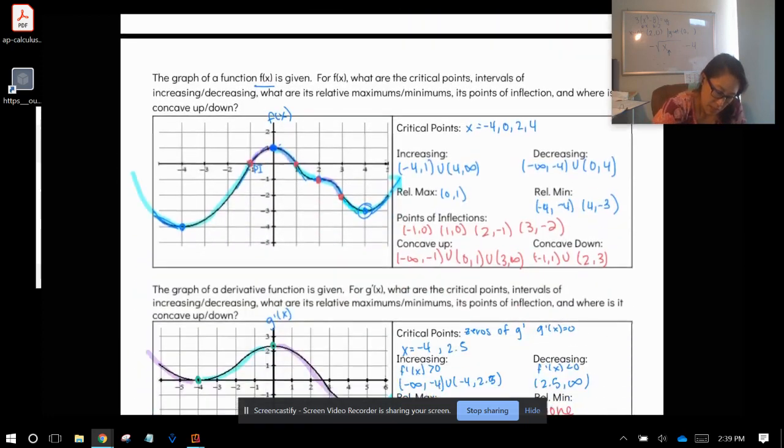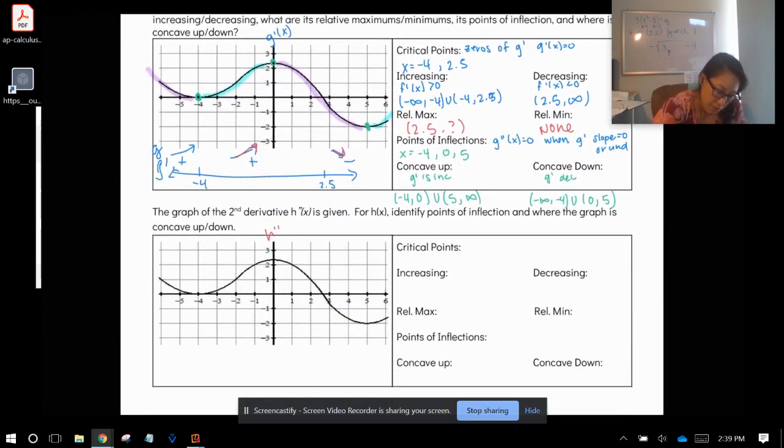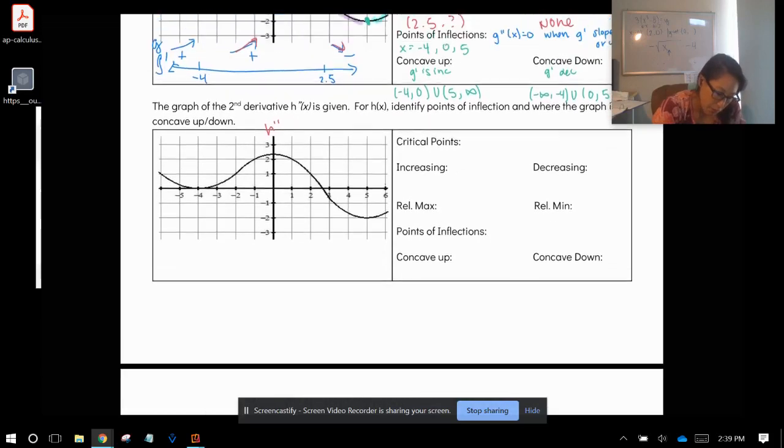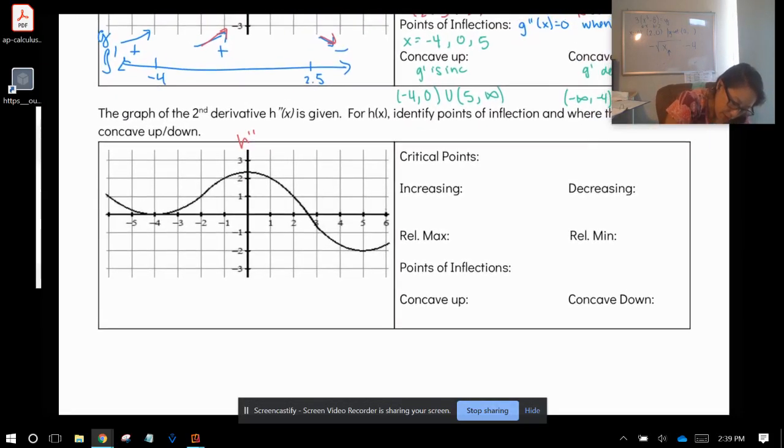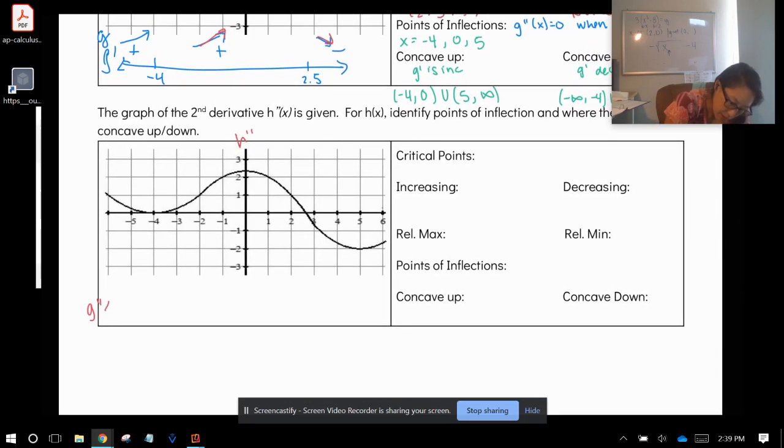All right, so we're looking for positive and negative outputs, and I'll draw my number line underneath because that is what really helps me. Okay. So where do we switch from being positive to negative? Well, we switch from positive to negative when we are at x is equal to 2.5.